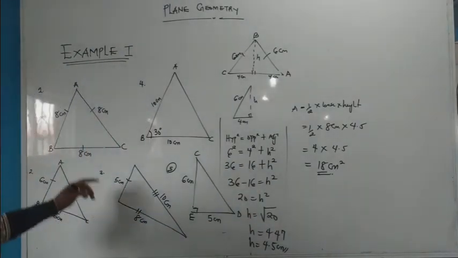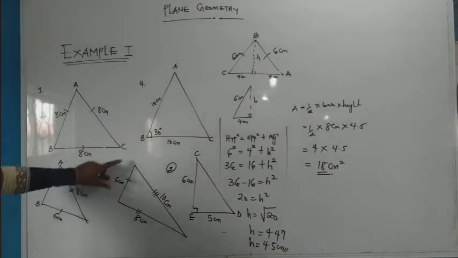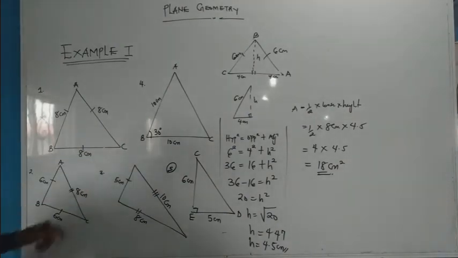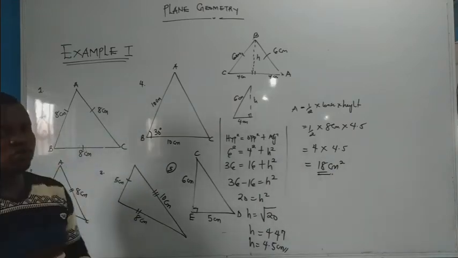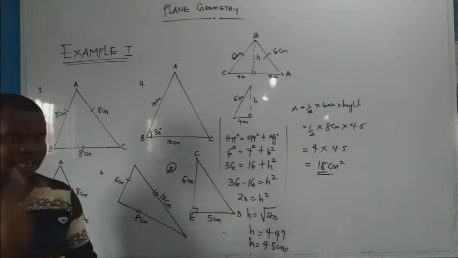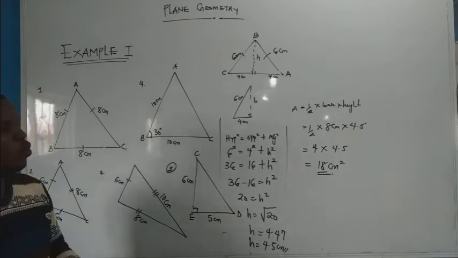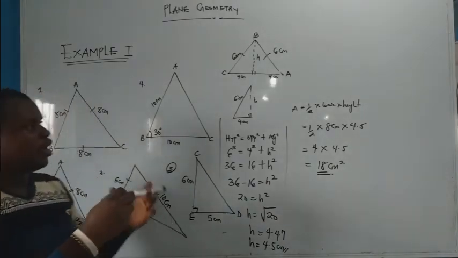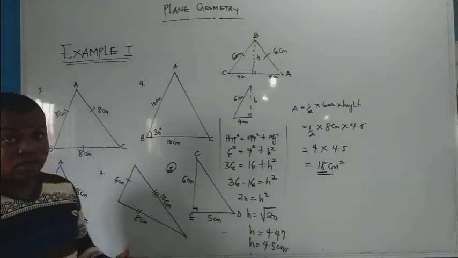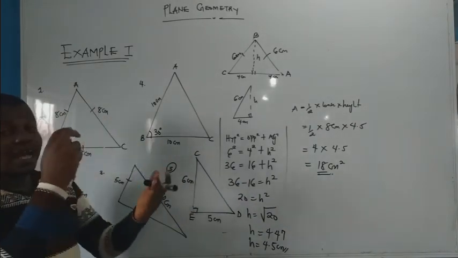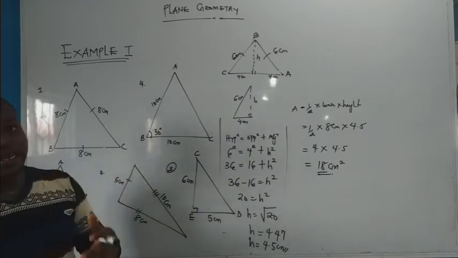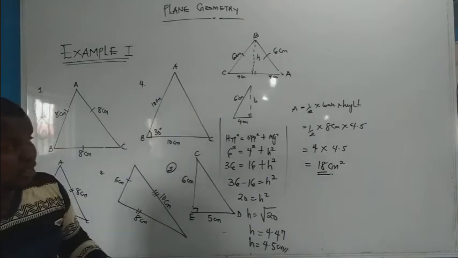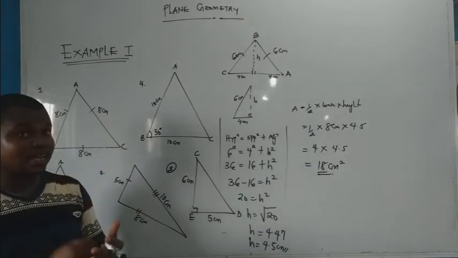Okay. So let's look at the third question, which is a scalene triangle. If you remember, I gave you our 4 formulas. The first one was the basic one, which is half base times height. Then the second one was for a triangle involving angles: half AB sine C, half BC sine A, and half AC sine B. Those are the 4 formulas I gave to you.